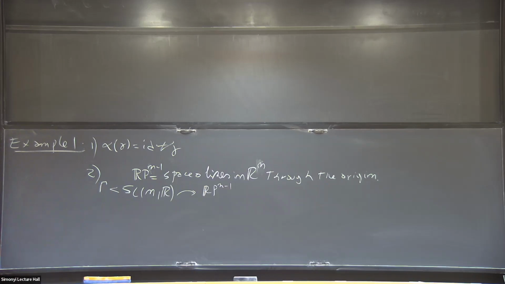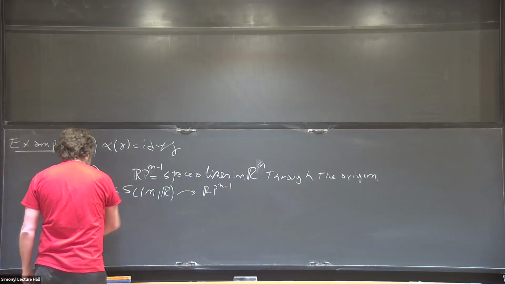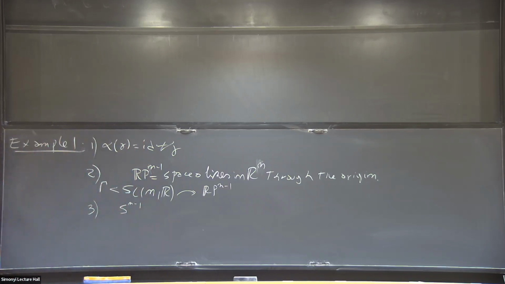Okay, so you have this, and then you have the other, which is the double cover of this, the sphere S^(n-1), which is the space of oriented lines, half rays on R^n. And that's the theorem at the end of the day.